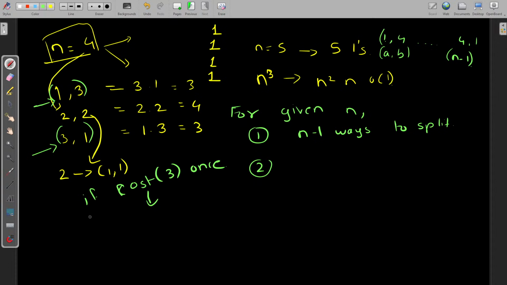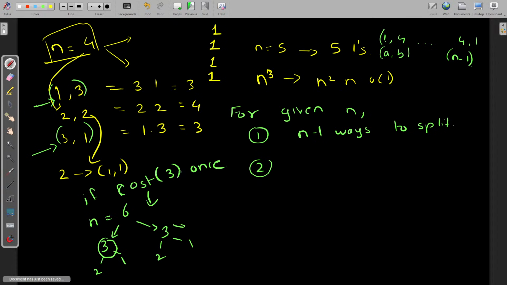Let's say if my number was too big, something like n equal to 6. Then initially I will break into 3, 3. Let's say I go into 2, 1, I go into 2, 1. So if I calculate this value once, then when I come to this particular 3, I won't have to dive deeper into its subtree to calculate its value, right?